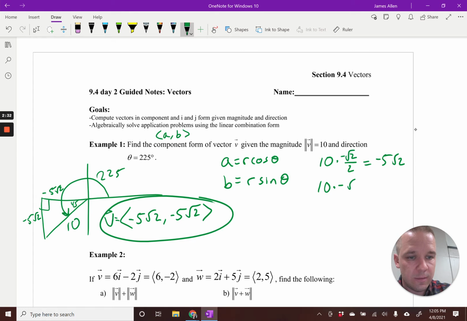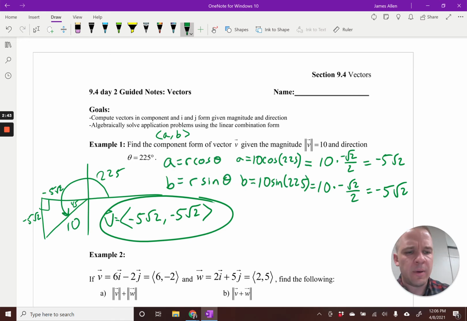So we can see we have that right there. Beautiful. Fantastic. You know what I'm going to do here? There we go. I added in a little bit more work there. As you can see, we got 10 cosine 225 and 10 sine 225. I should have put that in the first place. But there we go. Get the same thing either way, graphically, algebraically.